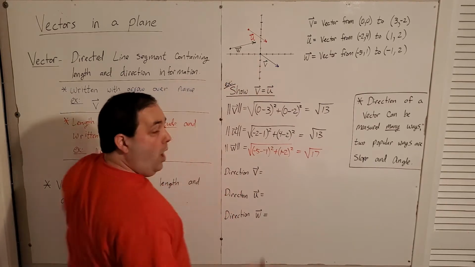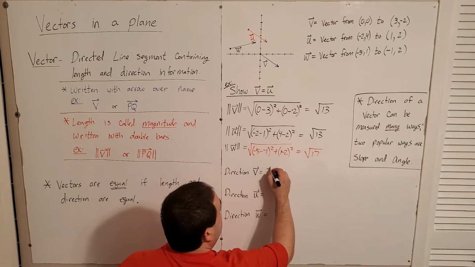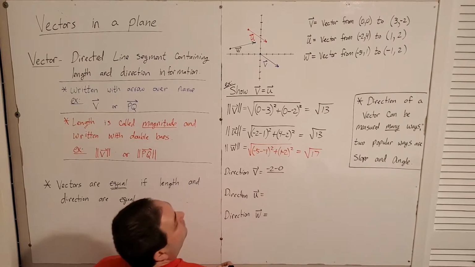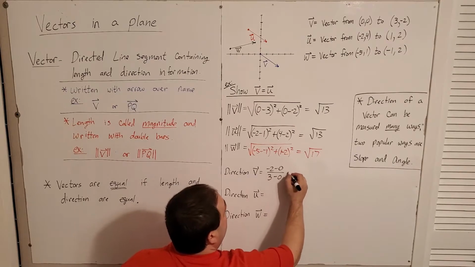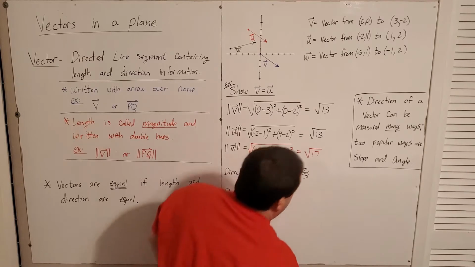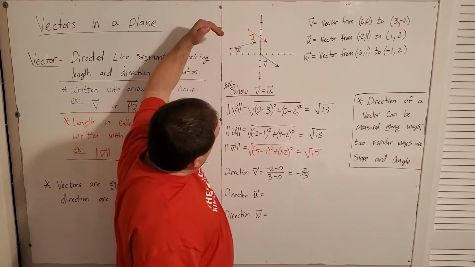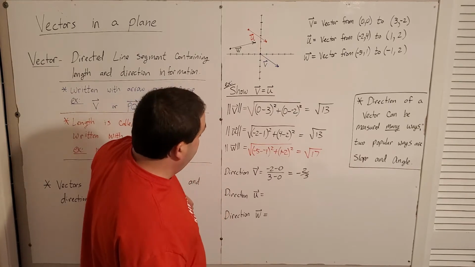That's just y2 minus y1 over x2 minus x1: -2 minus 0 over 3 minus 0, and I'm getting -2/3. Remember, that makes sense. A negative slope is something that from left to right is going in the downward y direction.